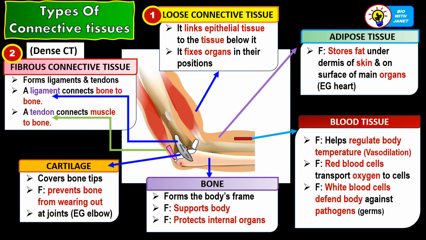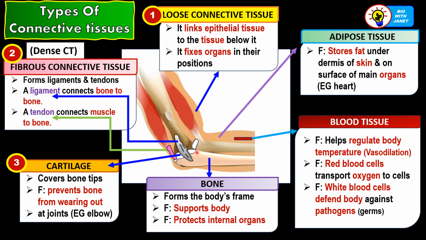Okay, muscle to bone. Next, we have number 3, the third type of connective tissue, called cartilage. Cartilage is a type of tissue that's also white in color, usually, and it covers the bone tips. When you eat the chicken drumstick, when you come to the bones after eating the meat, you will find that the bones have a layer of white tissue on top.